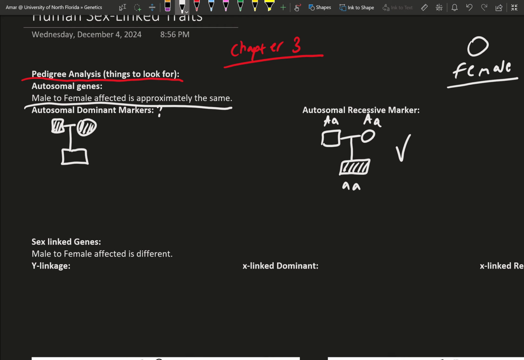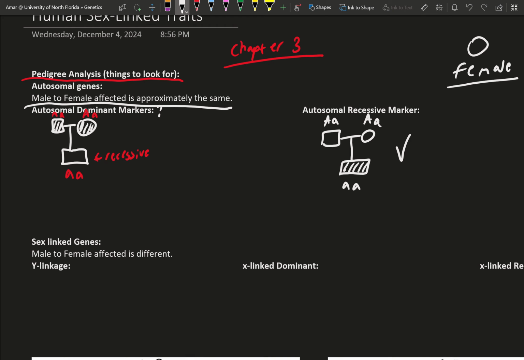The reason why this works is, let's say these individuals are big A, little a, and this individual is recessive. So what you're going to end up with, this individual will be little a, little a. And this will be a marker to show that this trait is in fact an autosomal dominant trait. Okay?